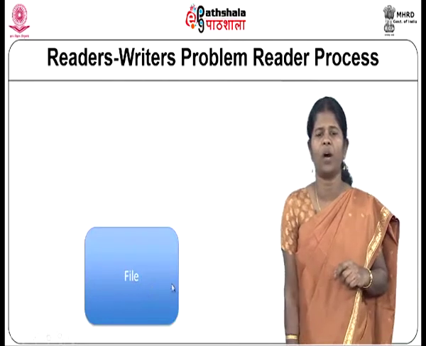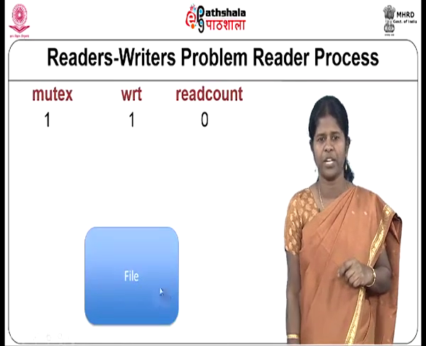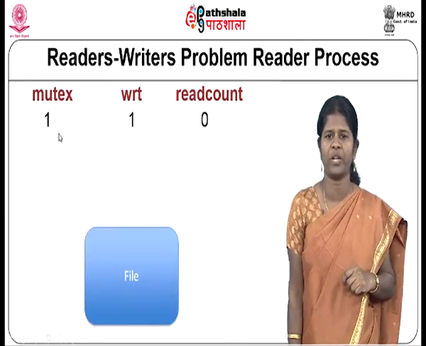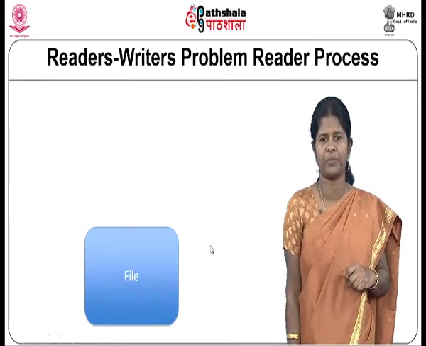We will see how reading can be done from a file. So, initially you have this mutex semaphore with WRT value equal to 1, mutex equal to 1, read count equal to 0, and the first reader arrives.